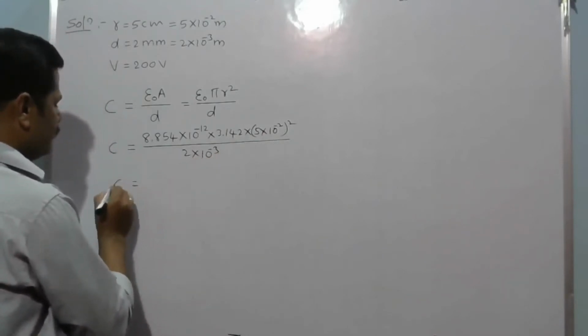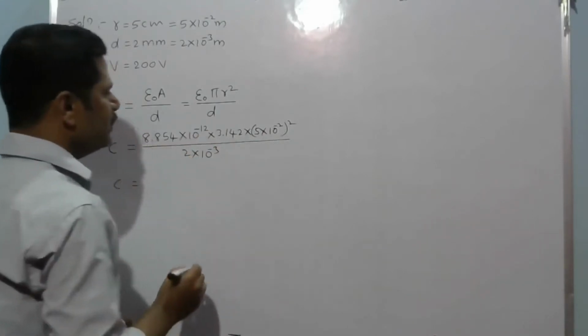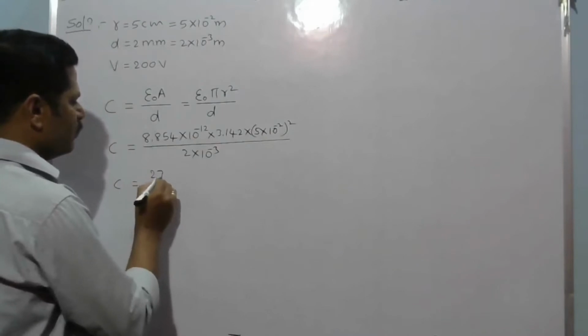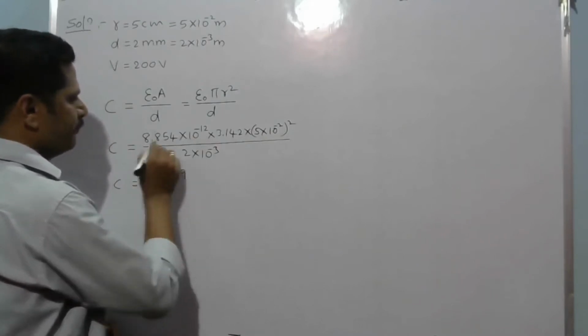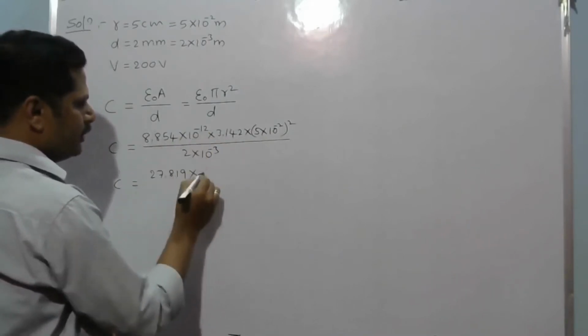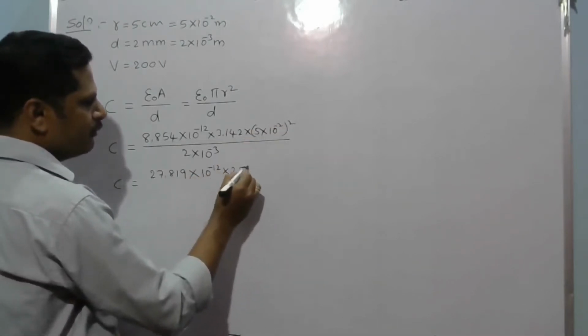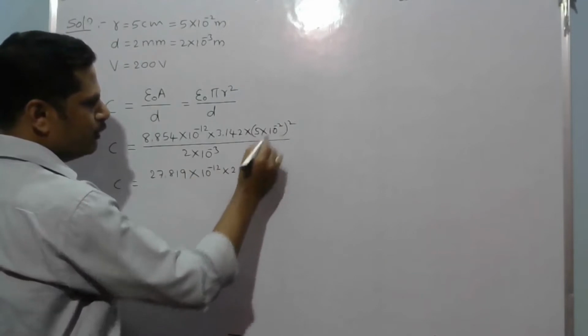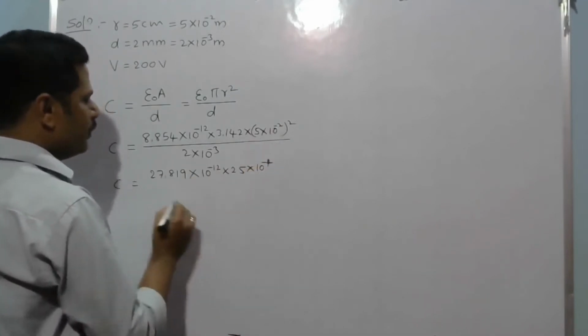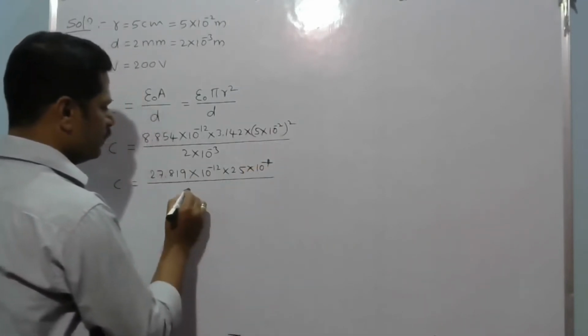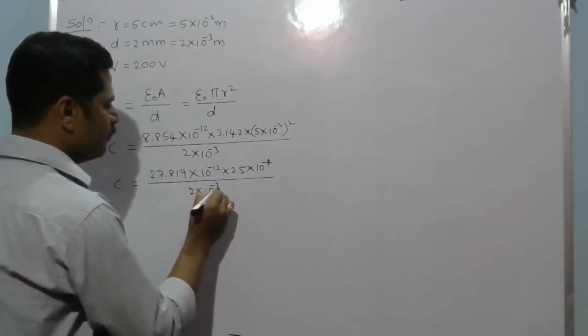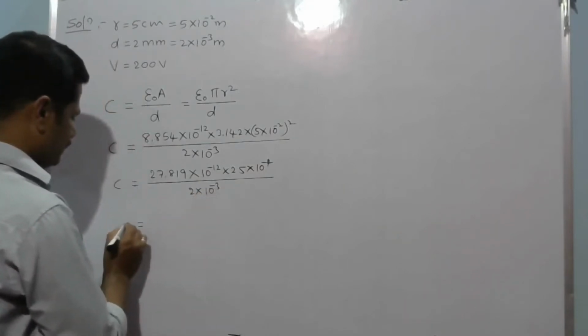We know that 8.854 into 3.142 is 27.819 into 10 raised to minus 12 into 5 square means 25, 10 to the power of minus 2. When we do square, then you will get 10 to the power of minus 4, divided by 2 into 10 raised to minus 3.